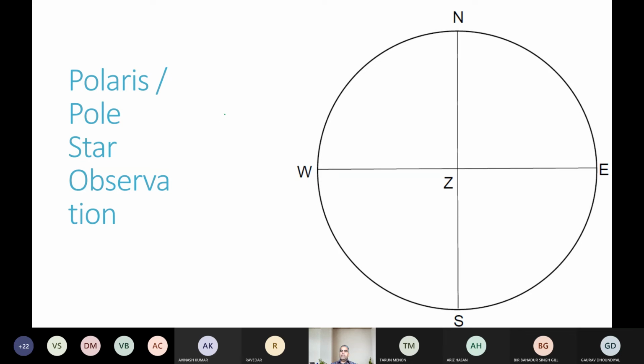In the center, you have the zenith of the observer, and on the top, you have north, at the bottom, south, on the right-hand side, east, and left-hand side, west. So whichever observer you have, whichever body you have, the rational horizon diagram will always have these 5 points at these locations only.